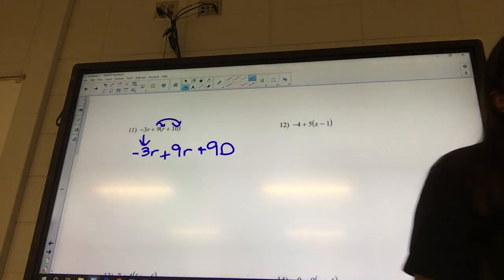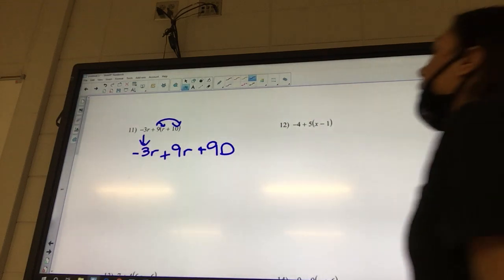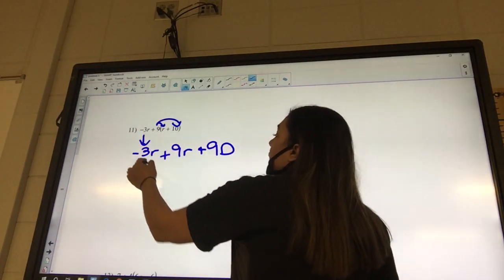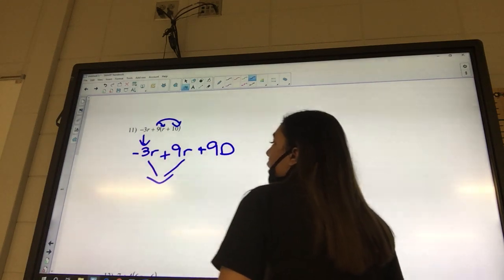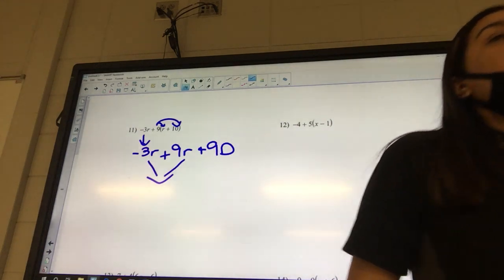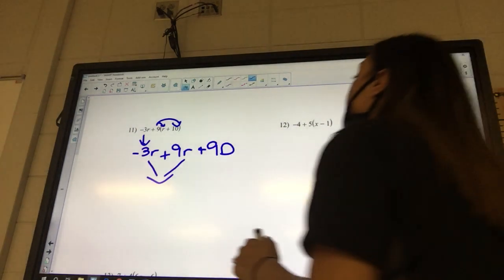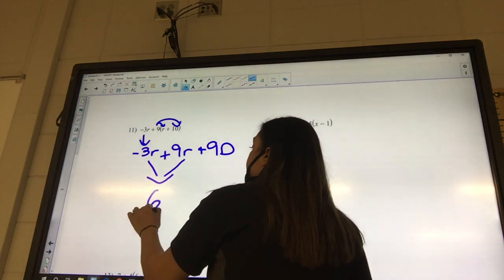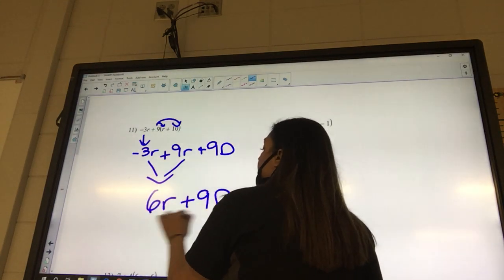What can you put together? Negative 3 and 9. On your calculator, type in negative 3 plus 9. Equals 6, and what's his last name? R. Plus 90.